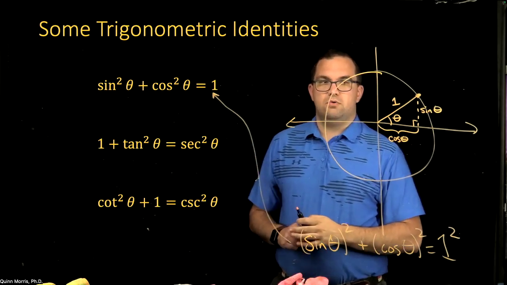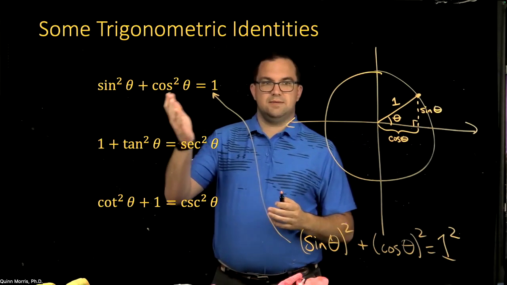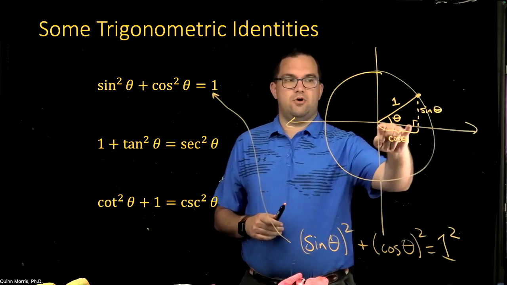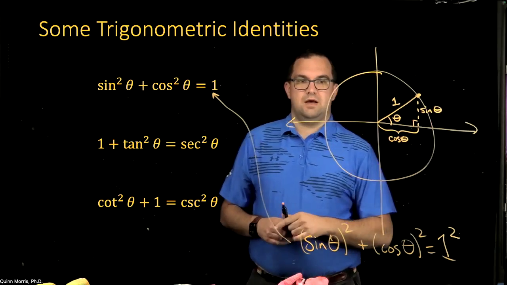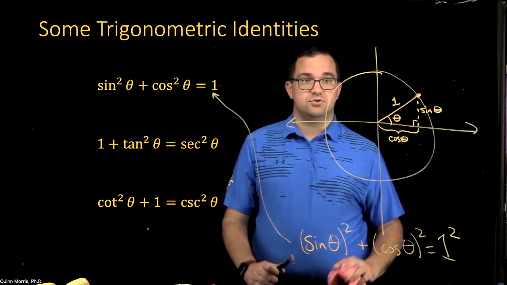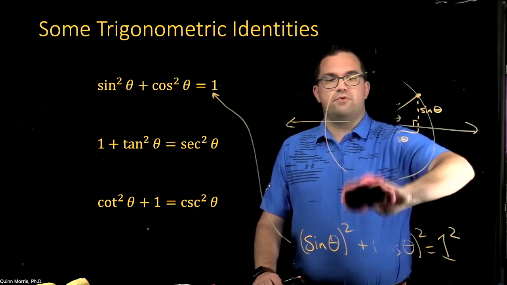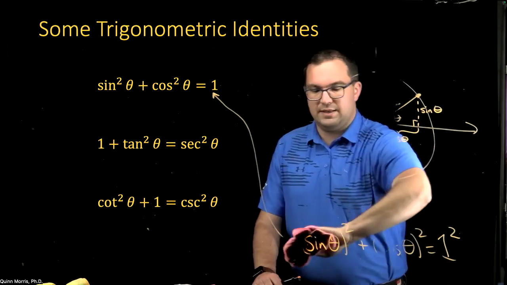This first identity simply comes from the fact that sine of theta and cosine of theta are defined as these quantities related to the unit circle. The rest of the identities can in fact just be derived from some manipulations of the first identity.